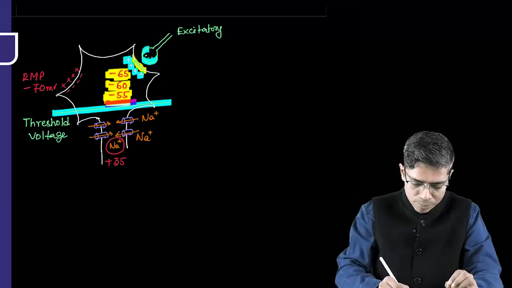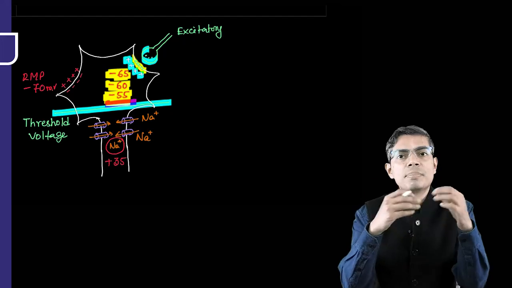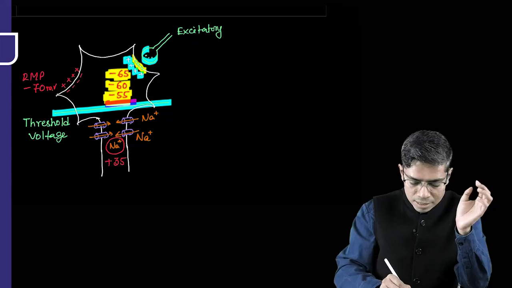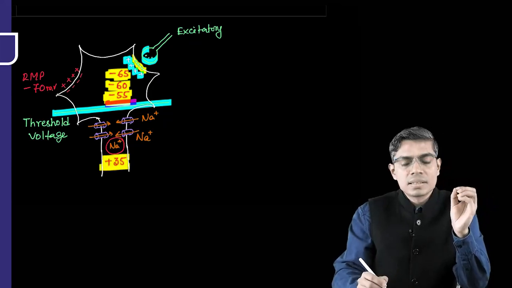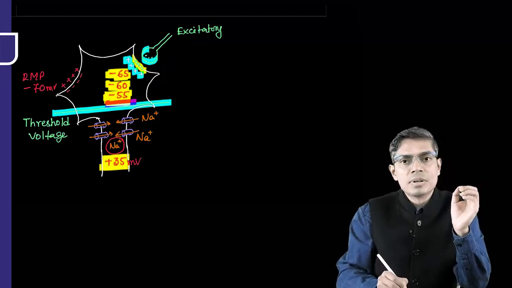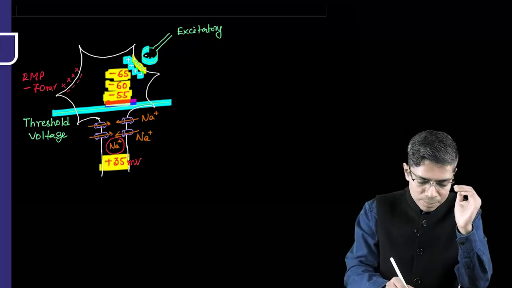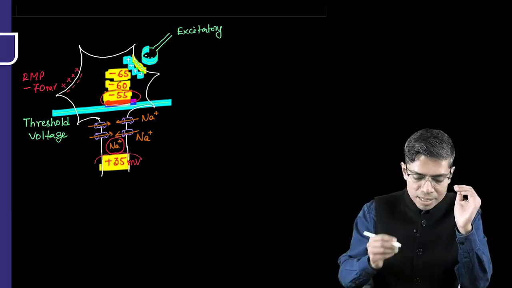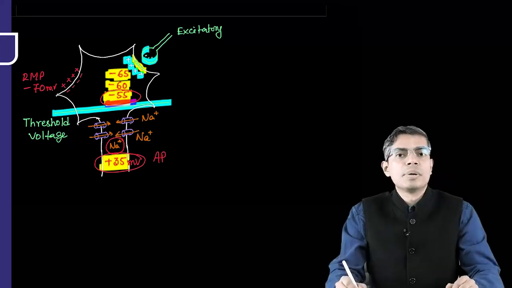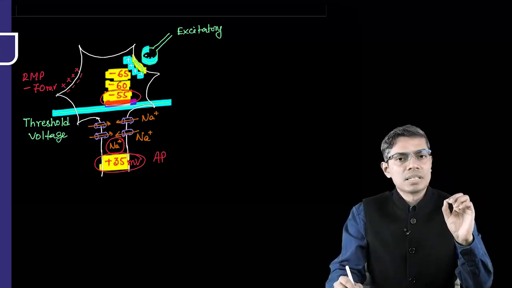This sudden rise of membrane voltage from minus 55 to plus 35 millivolt is known as action potential generation.